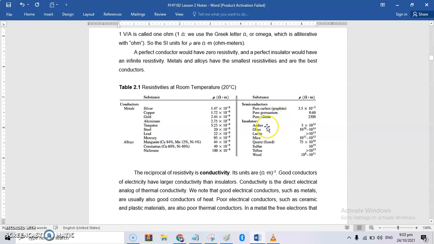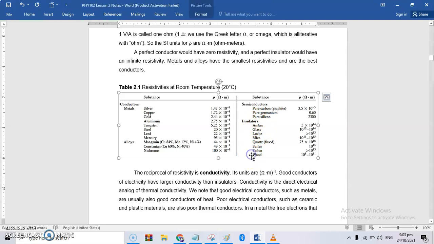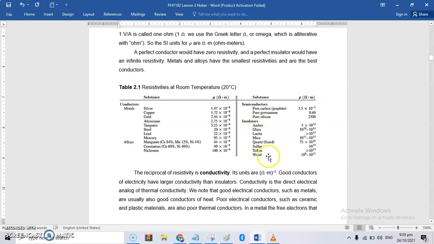Next, si insulator. Si insulator, almost best insulator is si ating wood. Okay? From this table, si wood, kasi meron siyang 10 to the power of 8 hanggang 10 to the power of 11 na resistivity.